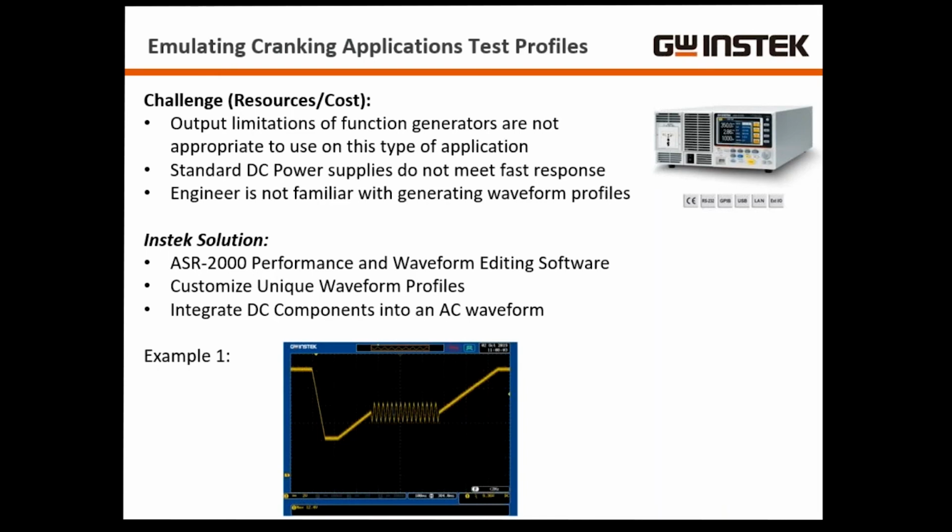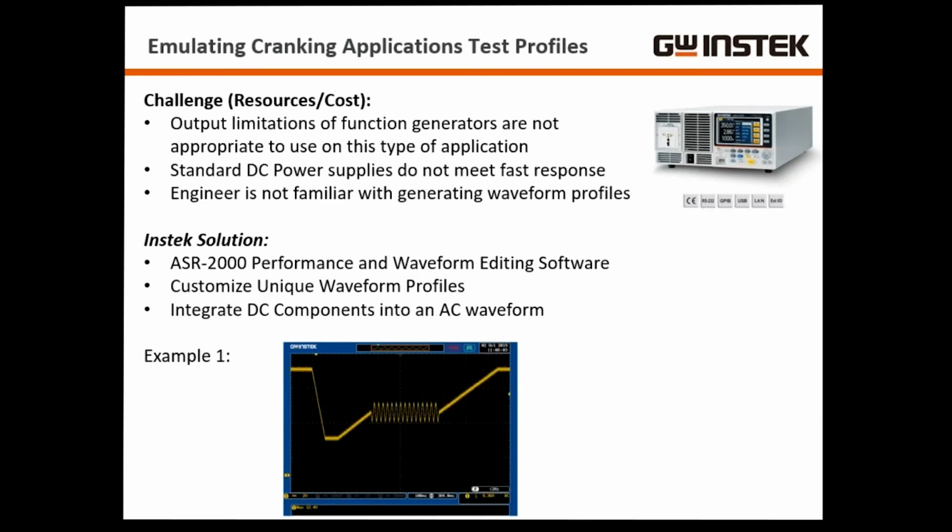So one of the things that a function generator is able to do is customize waveforms. You can include a DC and an AC waveform, and that's great. Function generators nowadays can do a whole lot of things that we weren't able to do maybe 10, 15 years ago.